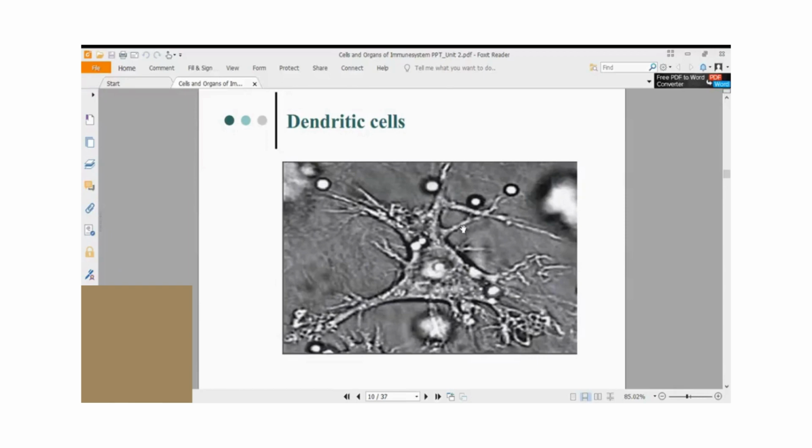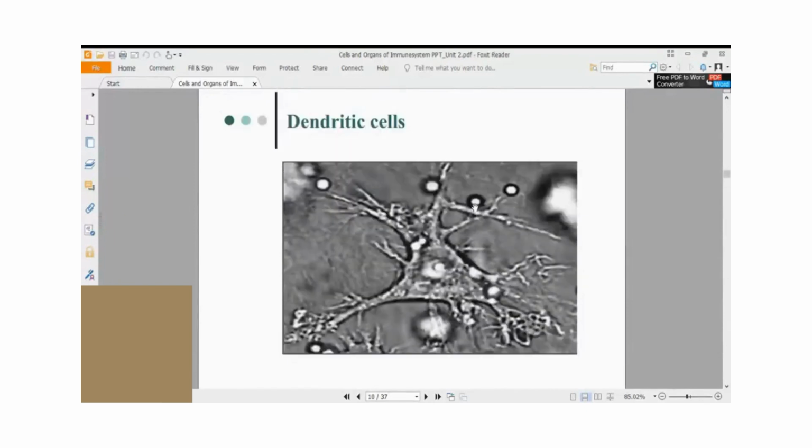So these are also called professional antigen presenting cells. Their duty is only production of the class 2 and class 1 MHC and presenting the antigens. Unlike macrophages, dendritic cells are not known to produce large numbers of cytokines. They are only meant for processing the antigen.